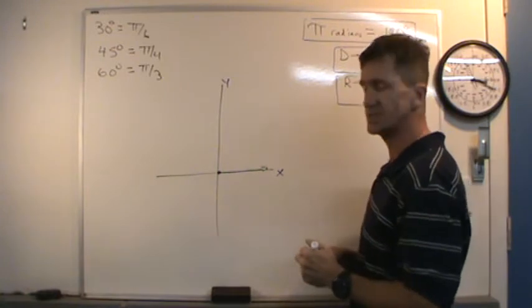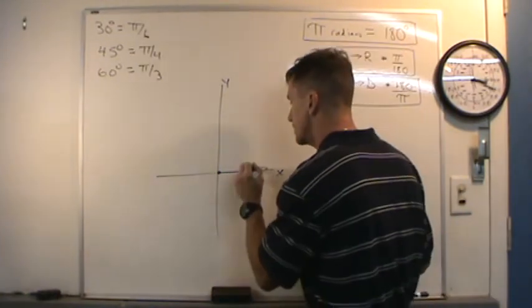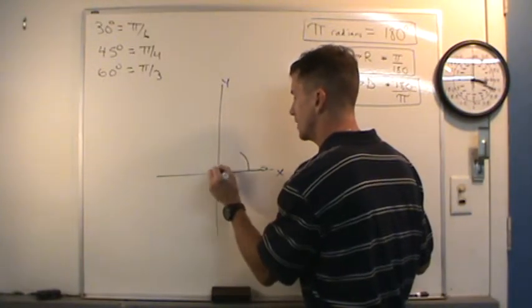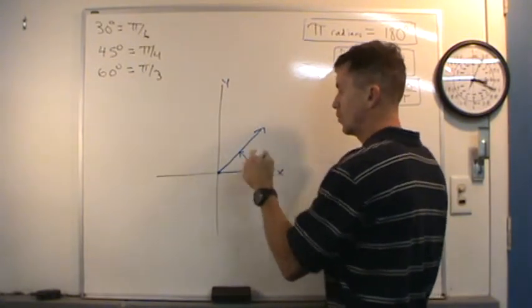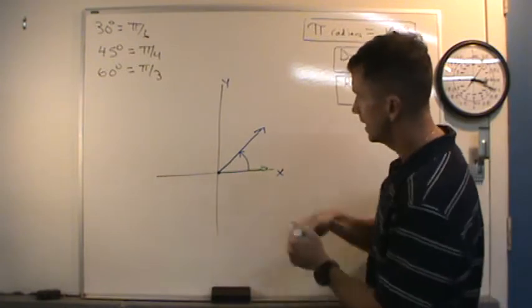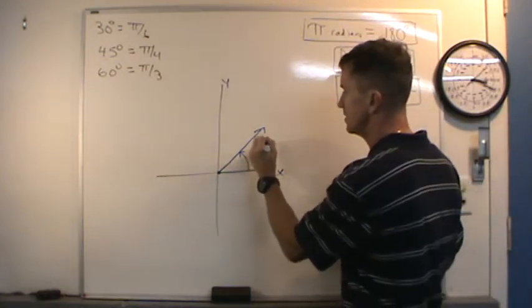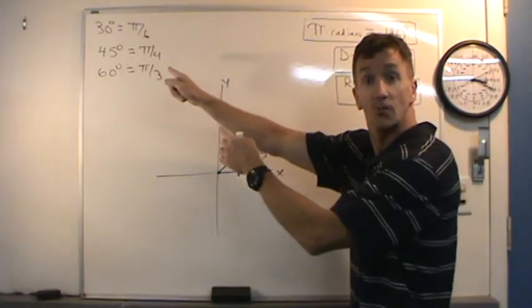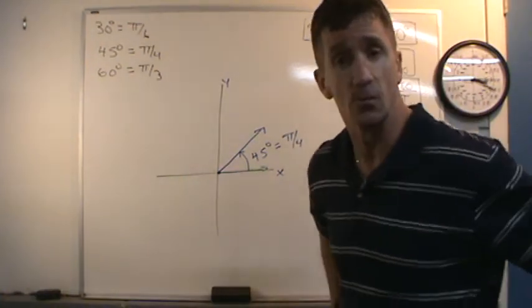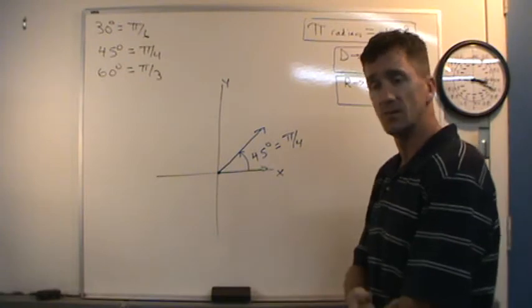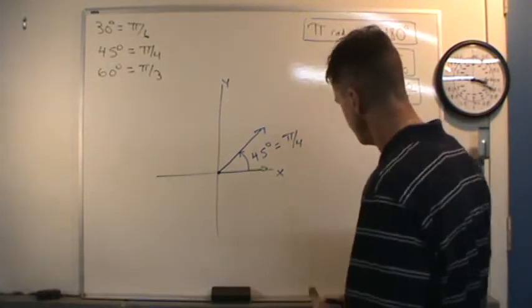So let's sketch 45 degrees. Start here, rotate about 45 degrees. There's your terminal side. You can draw an arrow right here if you want to indicate that direction. And this is about 45 degrees, which is pi over 4 radians. All right. So there's a sketch of pi over 4 radians, or a 45 degree angle, in standard position.